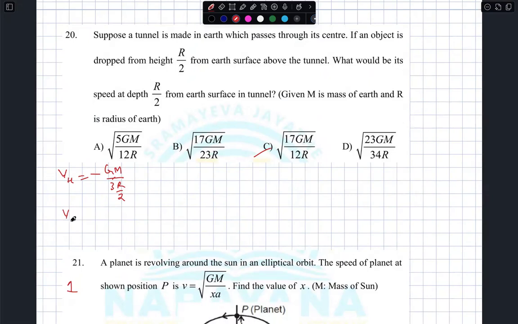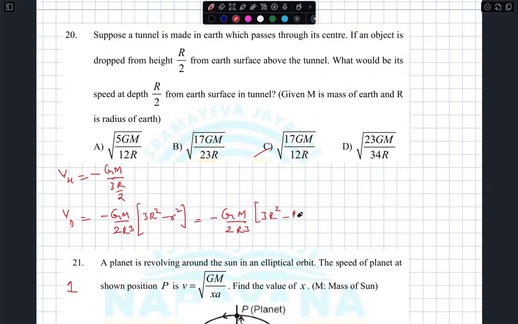Potential at the depth point, you already know this: minus GM by 2R cube times 3 capital R square minus small r square.